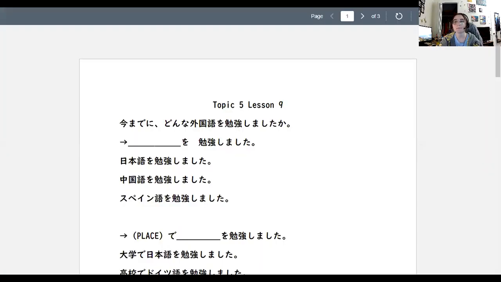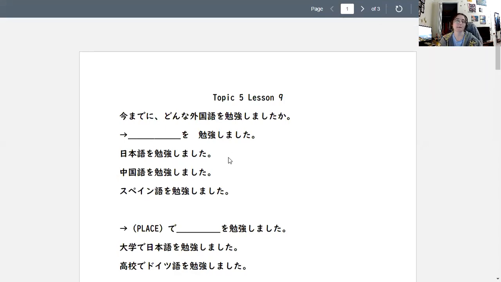So the last thing for this lesson that we're going to look at is the grammar notes really quick. So let's look at that. The first one says, 今までにどんな外国語を勉強しましたか?